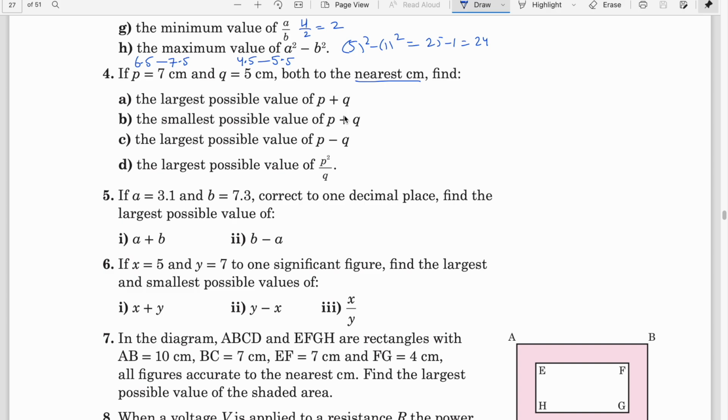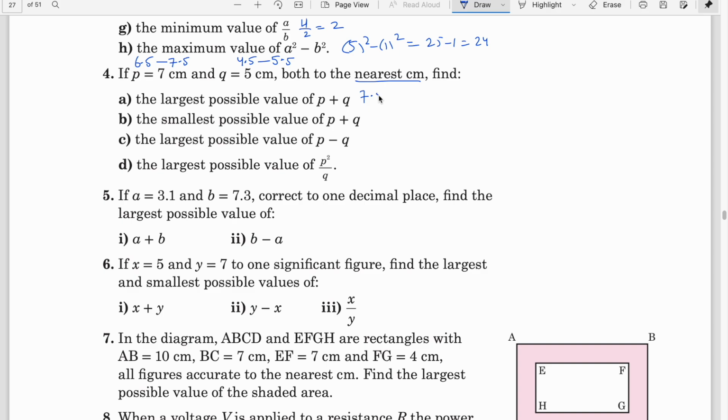Find the largest possible value of P plus Q. Yes, that is it. 13.